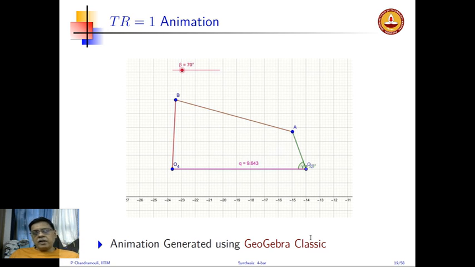Let me summarize before we close this video. The way we have carried out the design is we chose the location of O4, which is the rocker fixed pivot. Then we chose a certain length for the rocker, and we found that O2 will be located on a circle, which is the procedure I have told you how to construct.